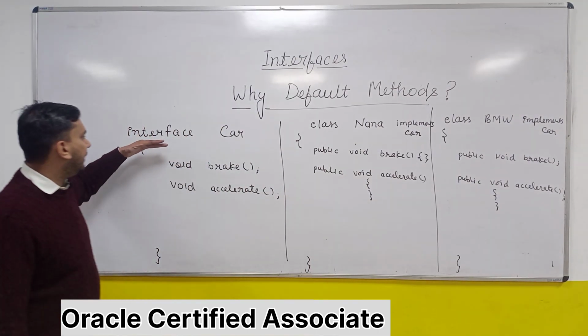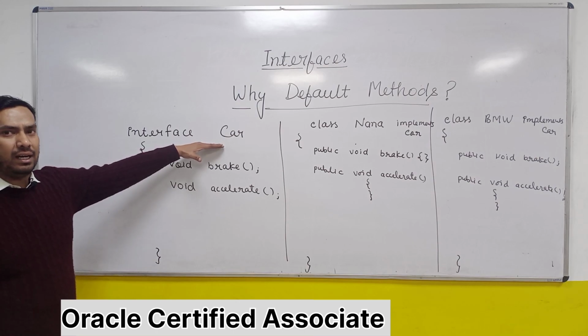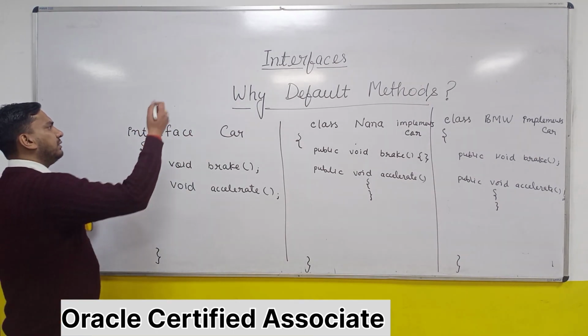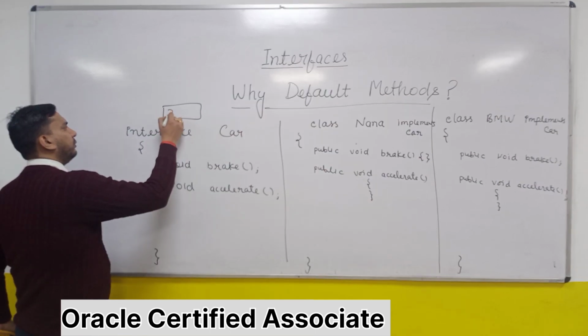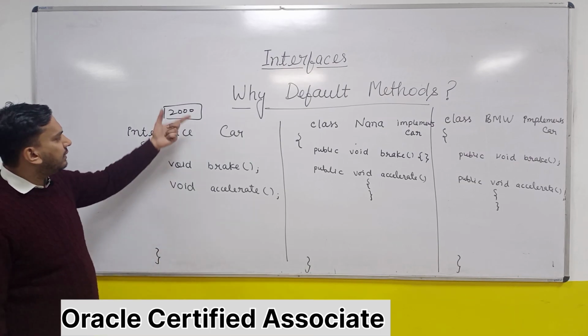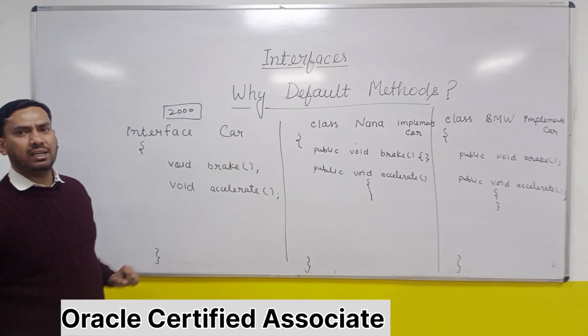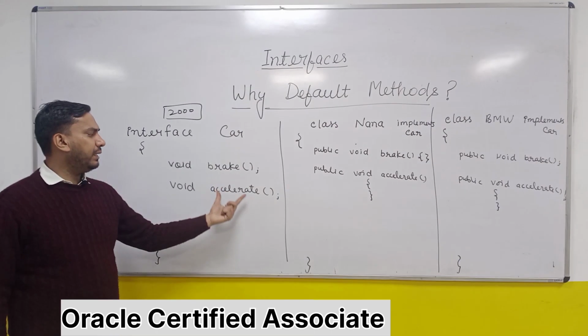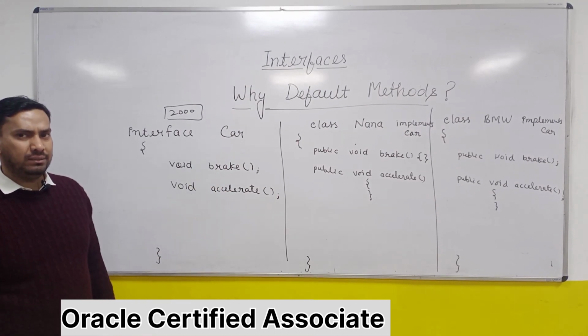Let us understand this interface Car. Let us suppose this interface Car was created around, let's say, the year 2000, just a random number I am taking. In it, two abstract methods, brake and accelerate, were provided.